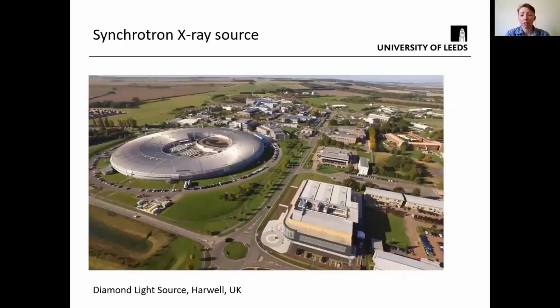A synchrotron is simply a type of particle accelerator that generates very bright light. In fact, it's something like several orders of magnitude brighter than the sun. Generally, the smaller the system you're studying, the larger the instrument, and that's certainly true in this case. The circumference of Diamond Light Source here, for example, is about half a kilometer.